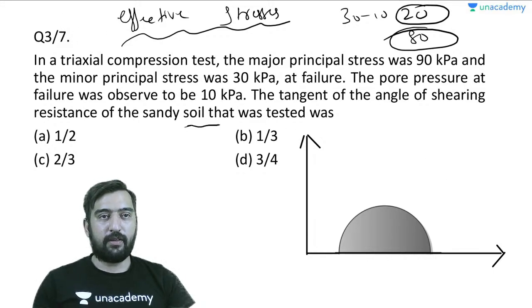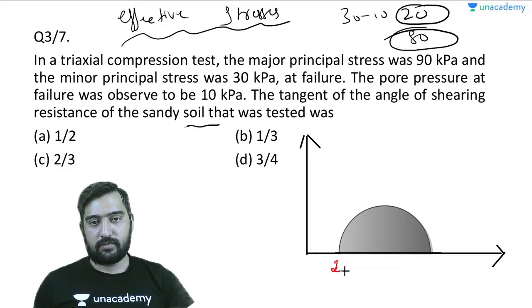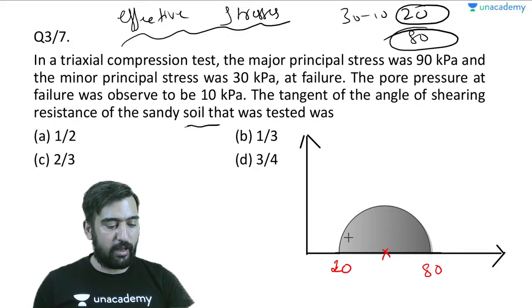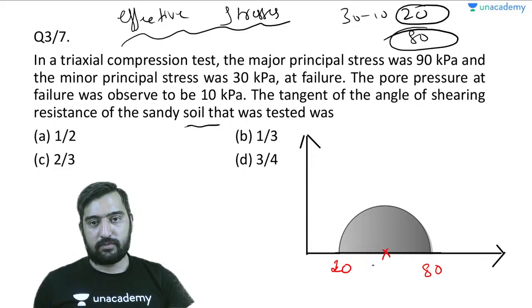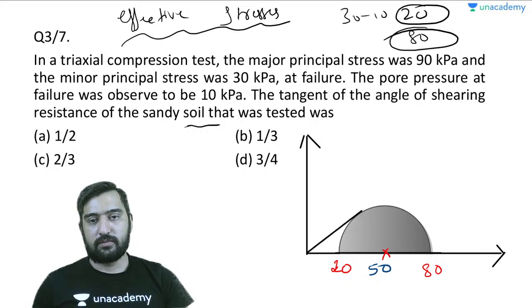So this is 20, and this is now 80. So this is the average value, which is going to be 50. And 80 minus 20, 60, so the radius is 30, my dear friend.